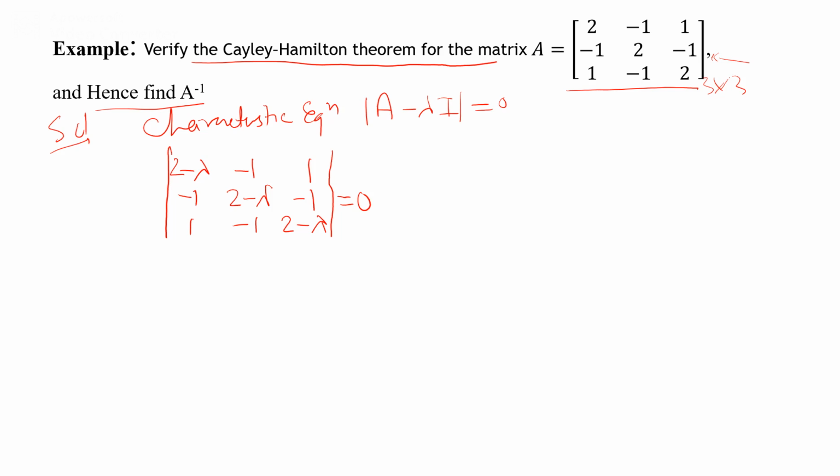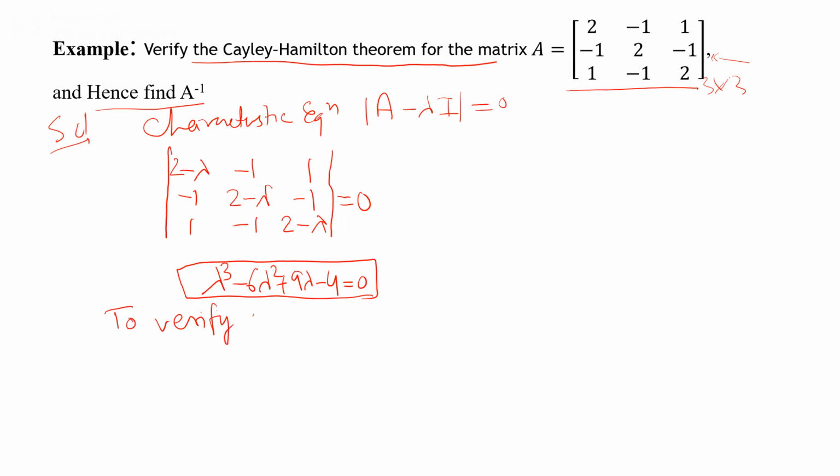We obtain the equation lambda cube minus 6 lambda square plus 9 lambda minus 4 is equal to 0. I'm just simplifying that equation and writing it here. Now we have to verify the Cayley Hamilton theorem.